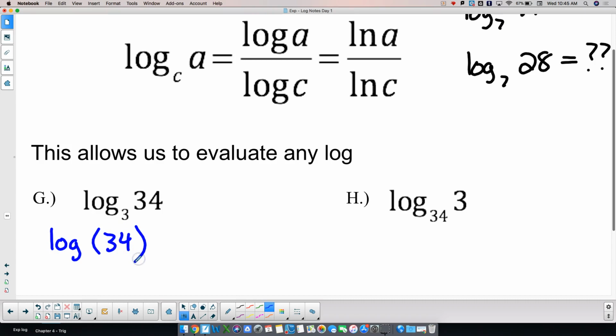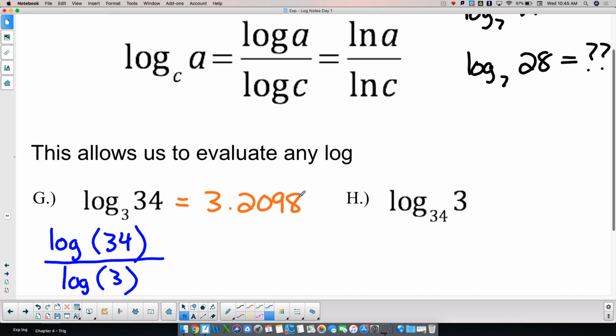I have to close that parentheses. It's the most common mistake, not closing that parentheses. Then I'm going to divide that by log, and again it opens a set of parentheses, and I put 3 in there and close it. When I do that, you should get 3.2098 something.